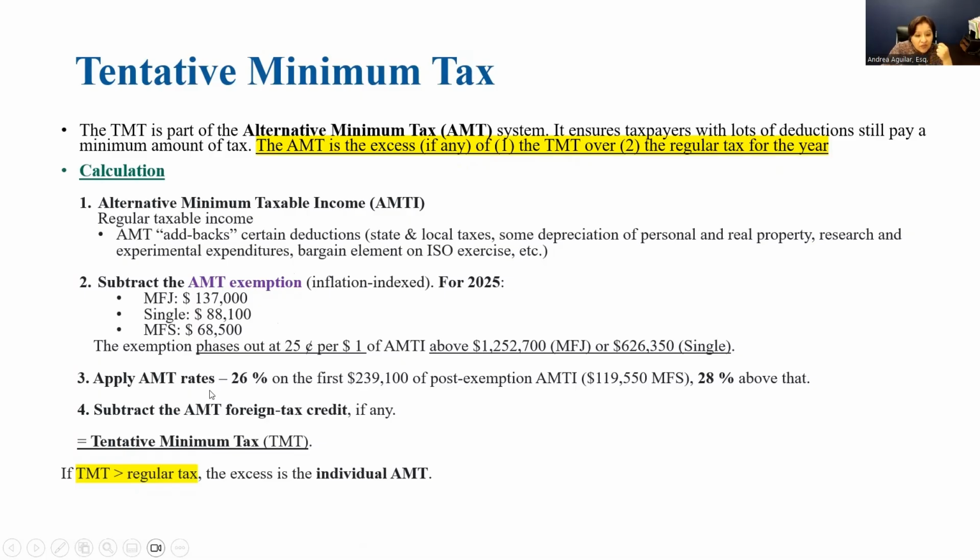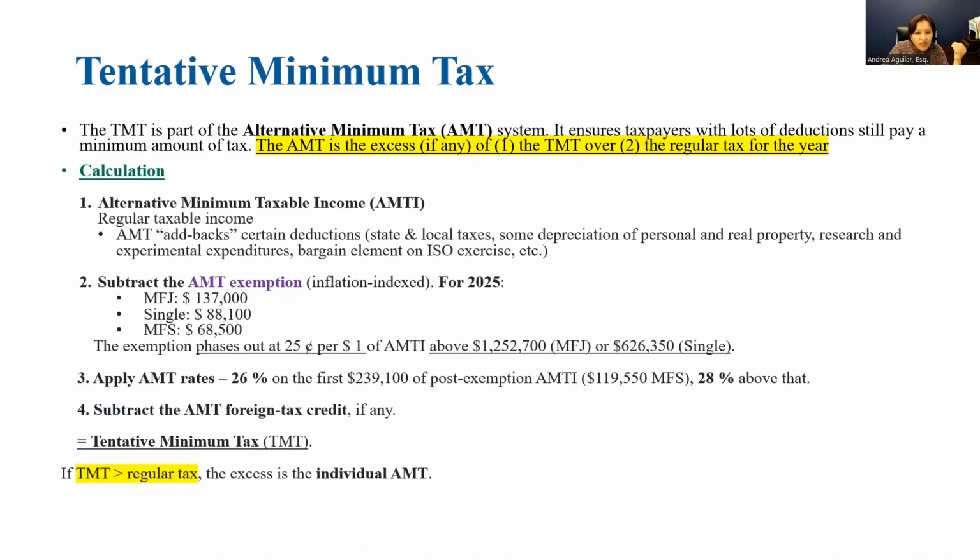apply certain tax rates. The first $239,100, we're going to apply the tax rate of 26%. Then an amount that exceeds that, you're going to apply 28%. Now, you're going to subtract the alternative minimum tax foreign tax credit, which is an amount based on your foreign tax credit.